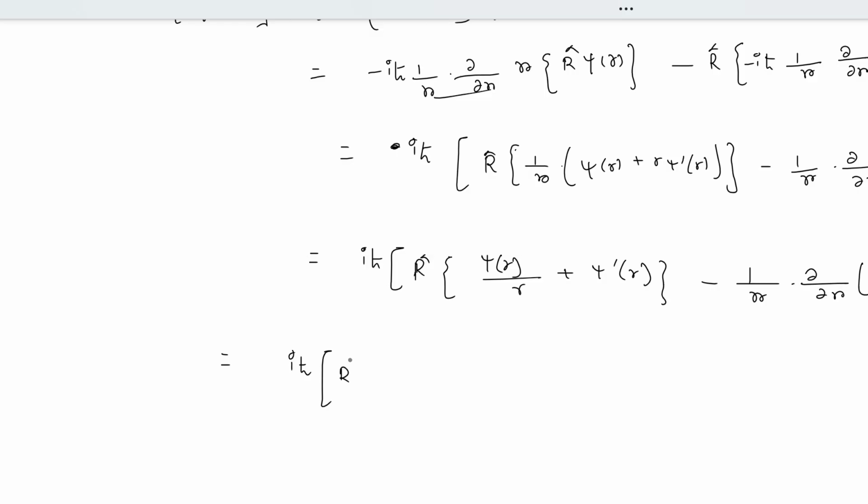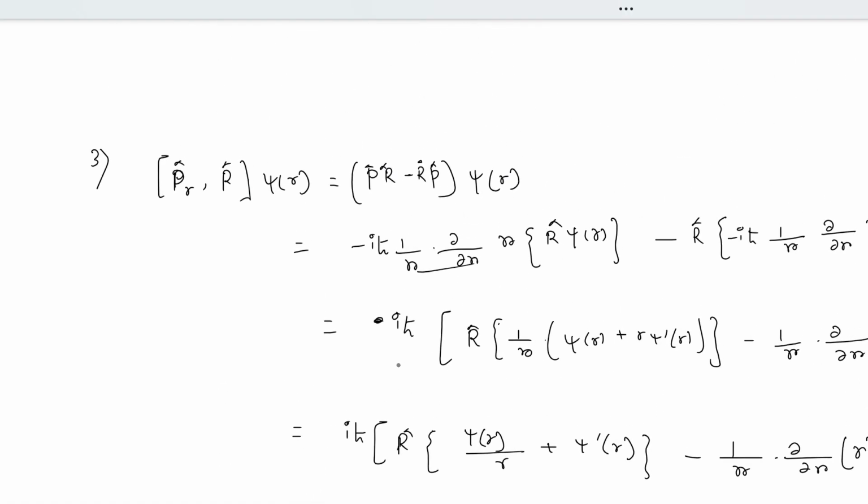This is iħ cut R cap. Okay, so I think we are missing out something on here.